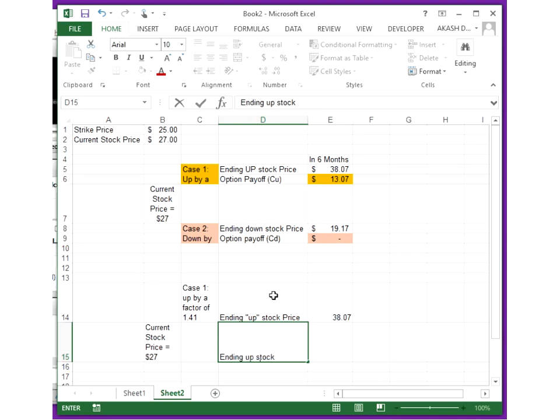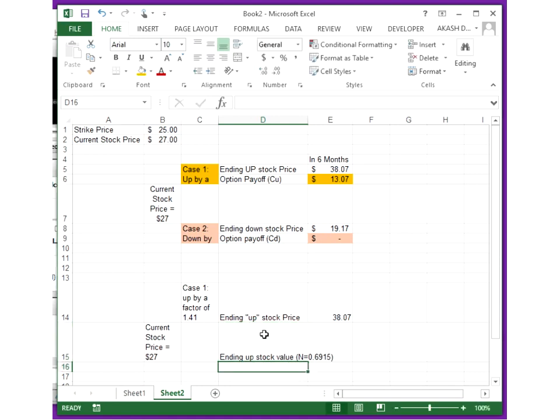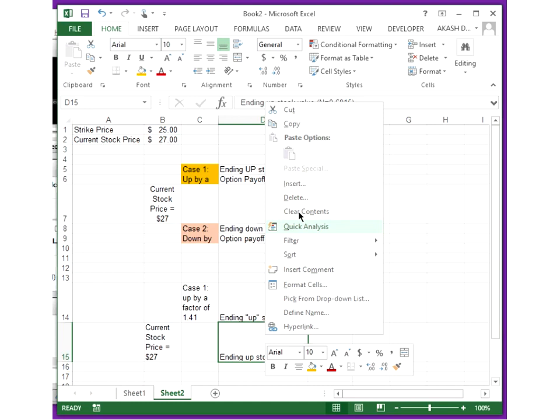Ending up stock value. And remember you have 0.6915, N is equal to 0.6915. This is the amount of shares you have. Not one share, but 0.6915.